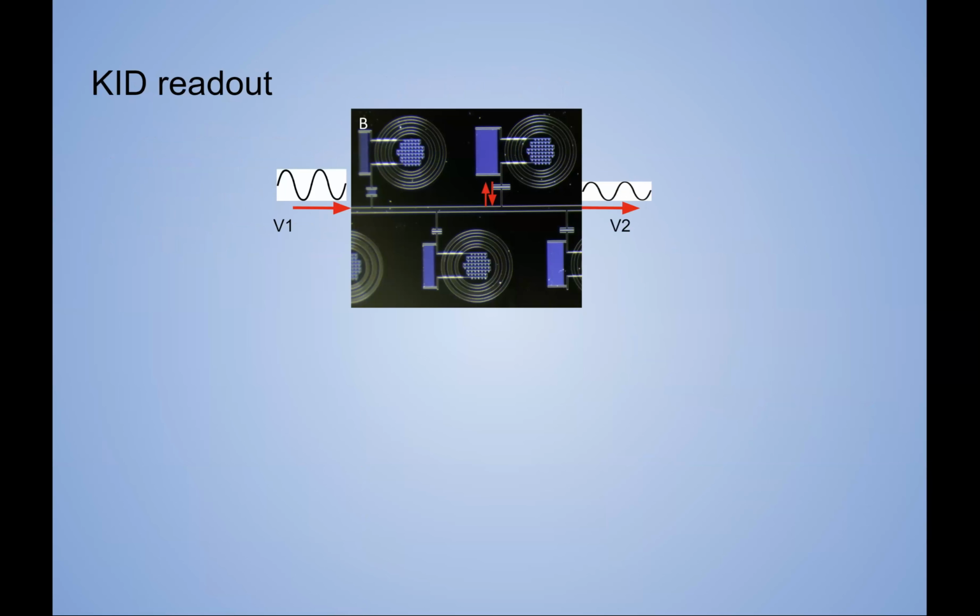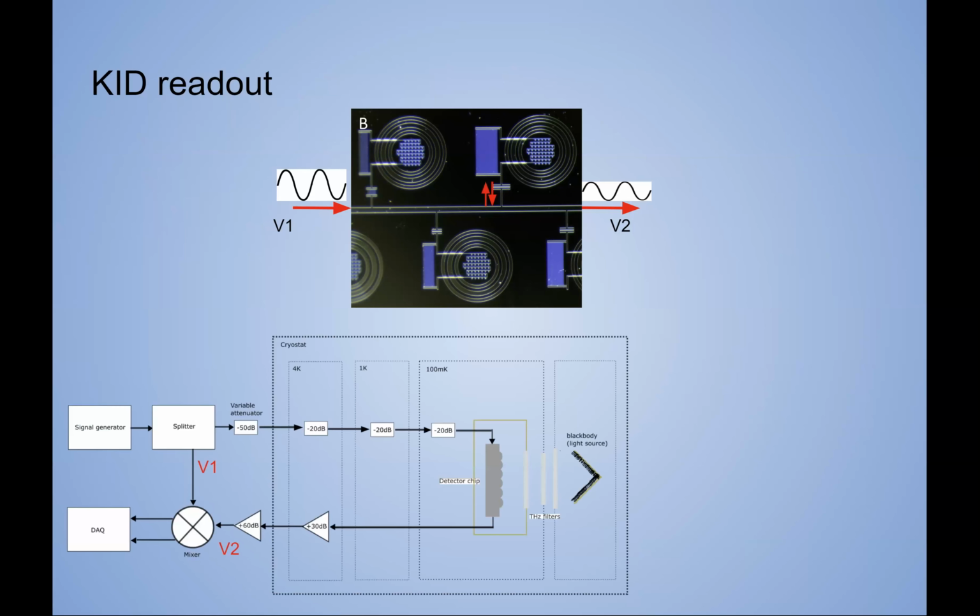Okay, so the way we actually tell what's happening in these things is, like I said, we put a sine wave in corresponding to roughly the resonant frequency of one KID. It interacts with the KID, some energy sloshes back and forth, and it comes out the other side with a different amplitude and a different phase. The full schematic of our measurement setup looks a bit more complicated, but the basic idea is just this.